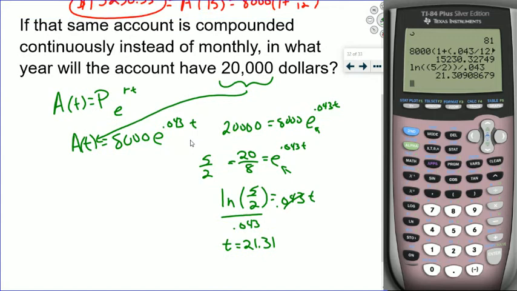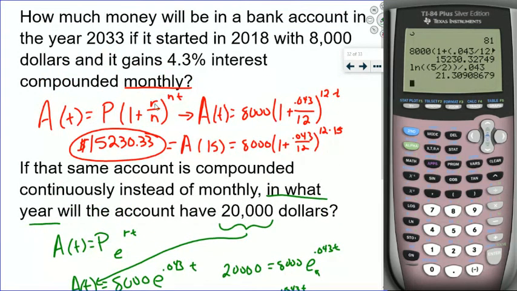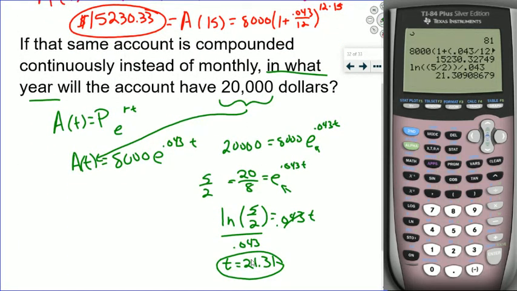In what year? In what year will that happen? Well, 21.31 years are going to pass since we opened the account to get to $20,000. But if we start in 2018, we have to add 21.31 years.